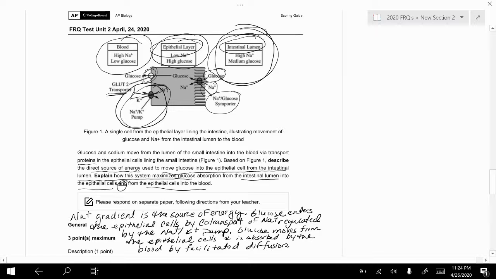All right, that's what I would do. I'm going to go back. So did I hit epithelial lumen to epithelial cells and epithelial cells to the blood?